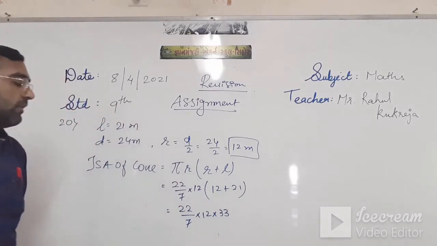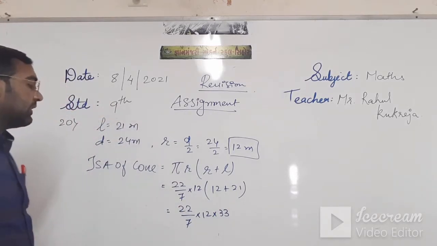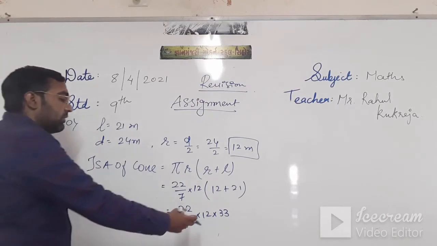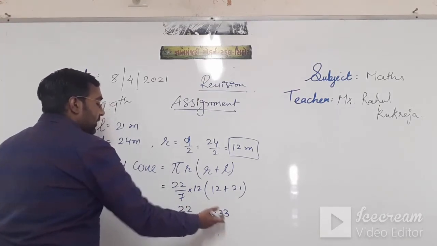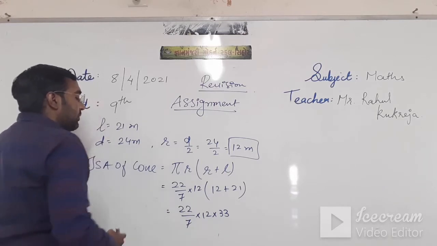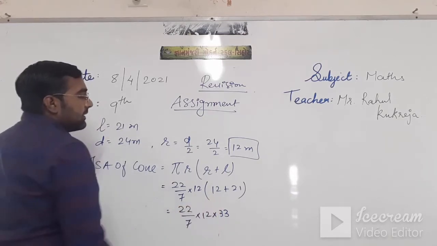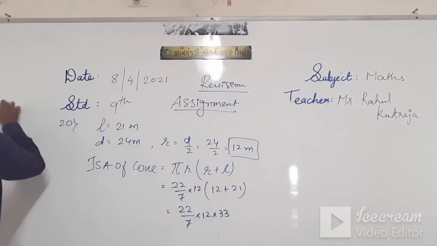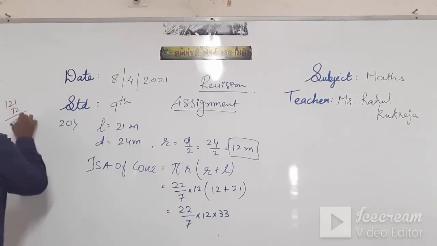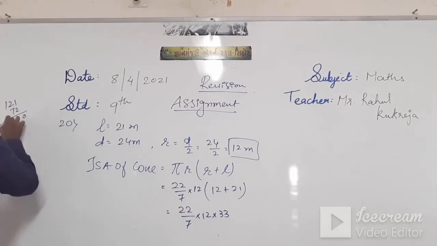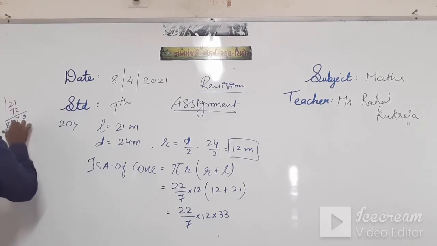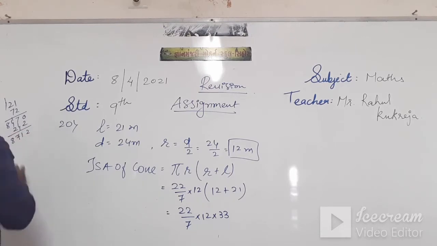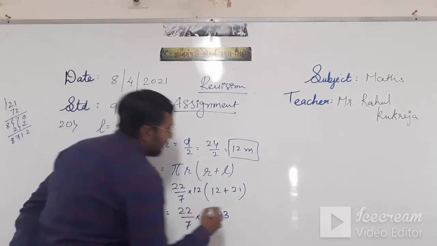Now we multiply all the numbers, that is 22 into 33. First, 3 2s are 6, 12 6s are 72, 72 into 11, 11 11s are 121, 121 into 72, 7 2s are 14, that is 8712 divided by 7.